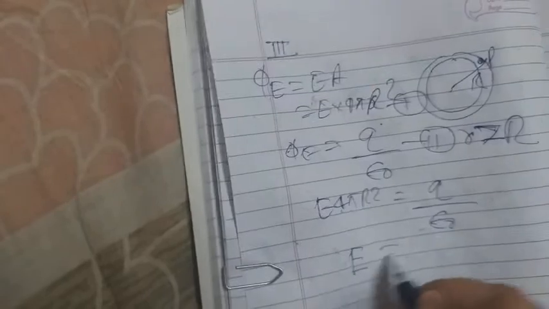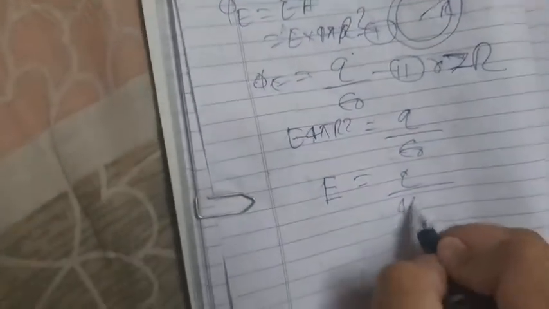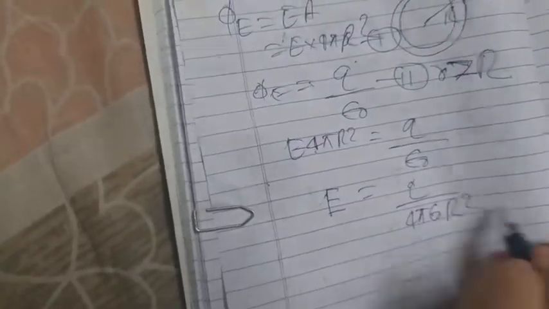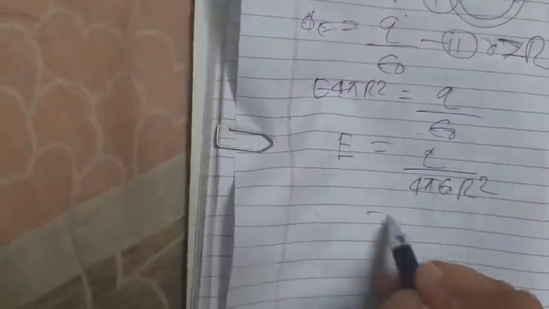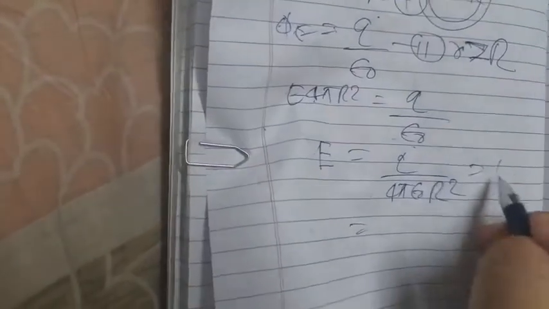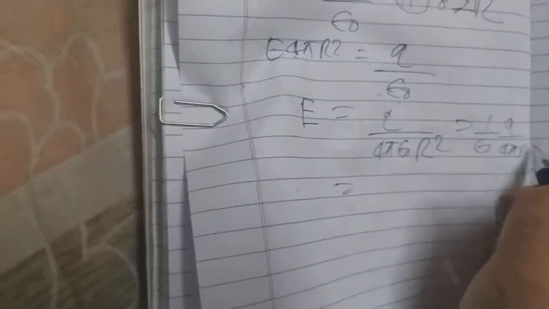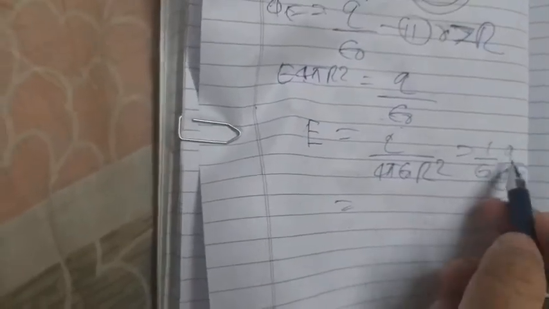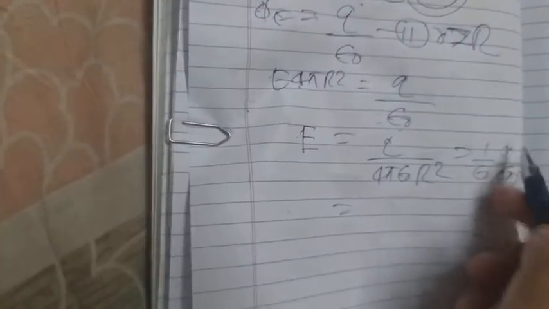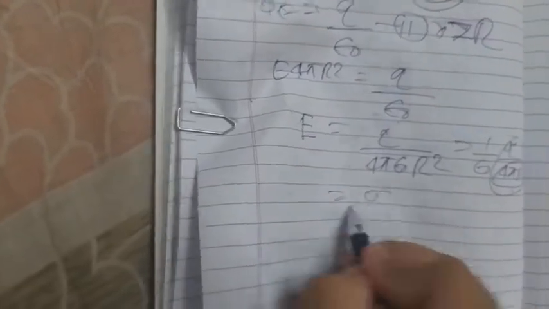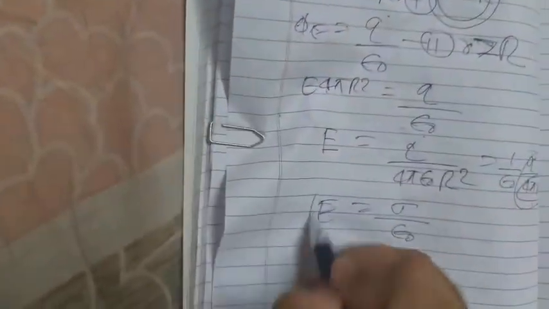So E is q upon 4 pi epsilon naught R square. Also you can write 1 upon epsilon naught into q upon 4 pi R square. And charge upon area is sigma. So you can write sigma upon epsilon naught.